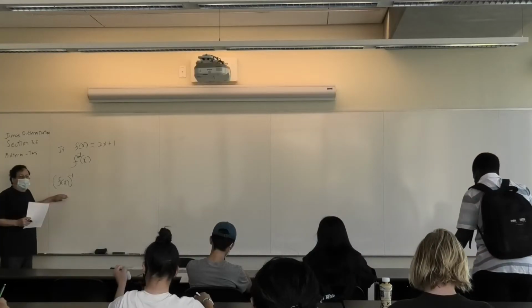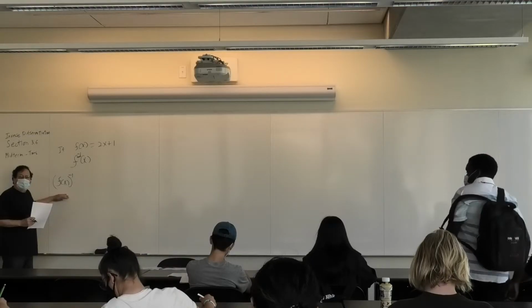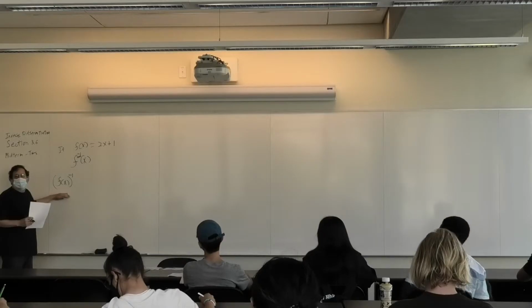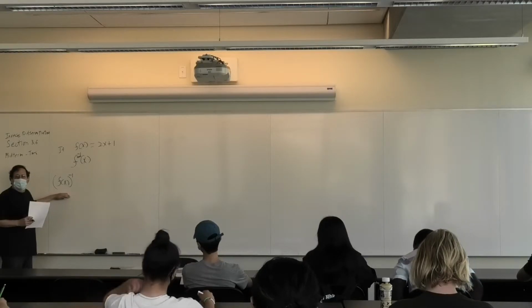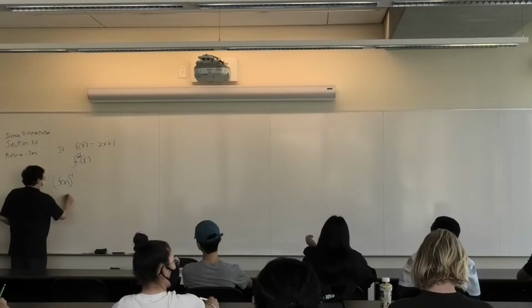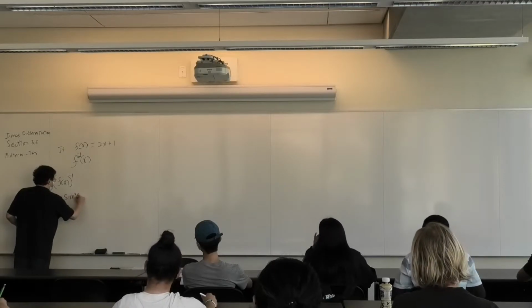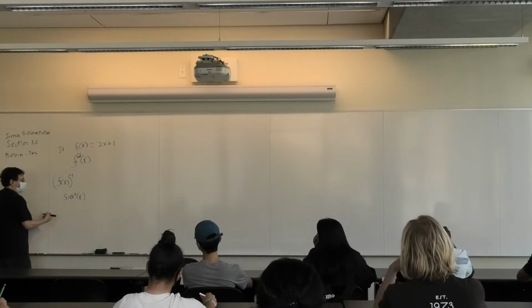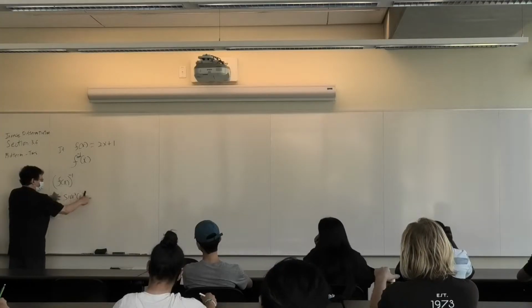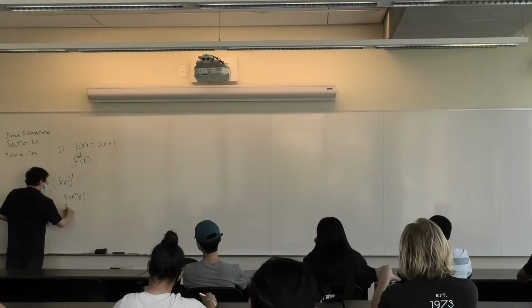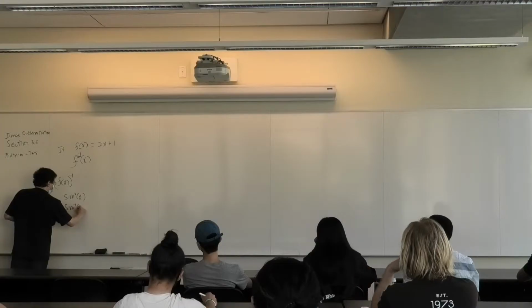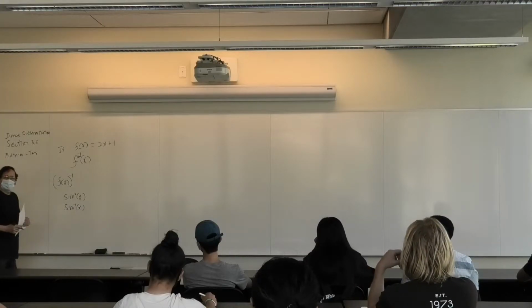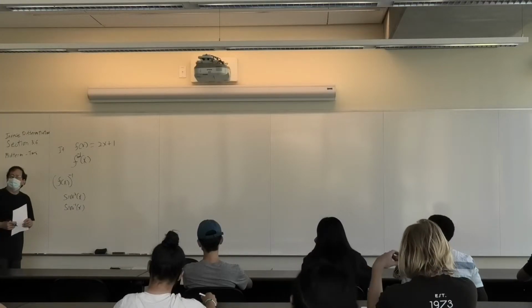You'll find the same thing with trig functions. It can be a little confusing, because sine squared x is different from sine inverse of x, where you mean the inverse function.